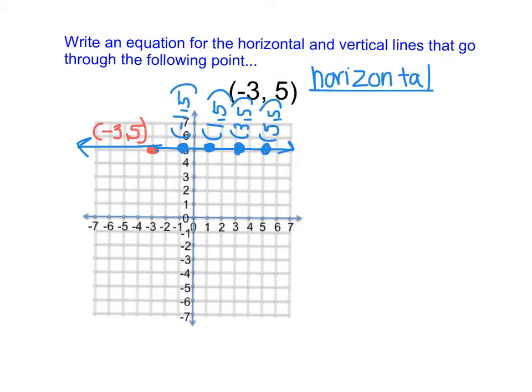And what I notice when I look down the line at these points is that in every y spot, I have a 5. So what that's telling me is that to create that horizontal line, the one rule I have to have is that the y value is equal to 5.